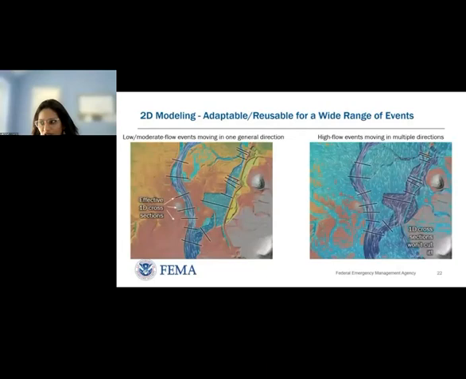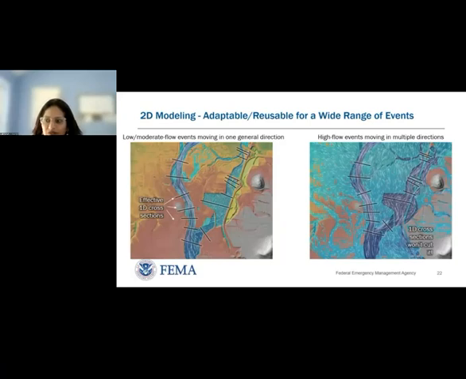Also, here is another cool graphic that explains why we want to use 2D models in the future. Please observe the black lines on both graphics. Both of them represent cross sections in a 1D scenario. The left one shows the 1D cross sections are contained when there is a low or moderate flow.